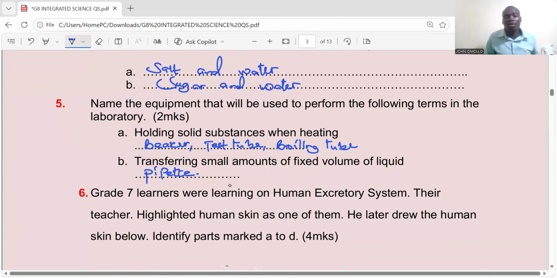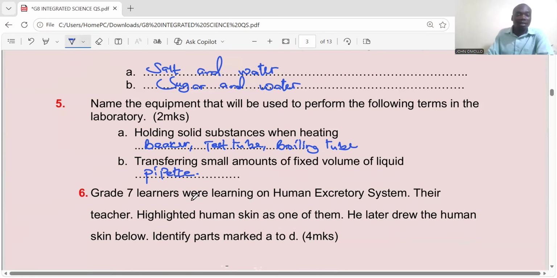In this case, a dropper is not the best option because we are talking about a fixed amount. Because we know that a pipette is able to carry 25 ml of the liquid, then it is a fixed amount.